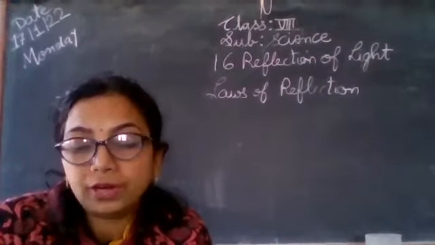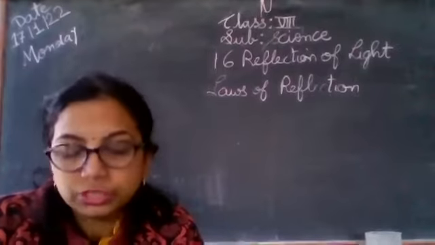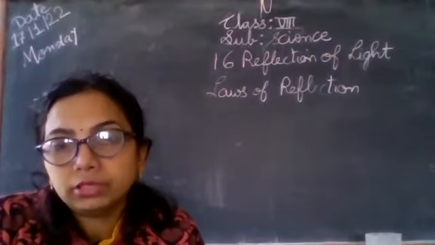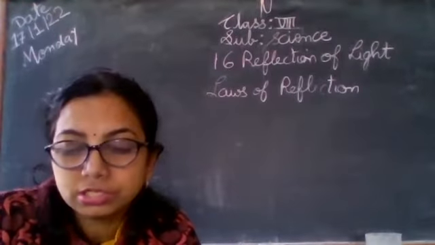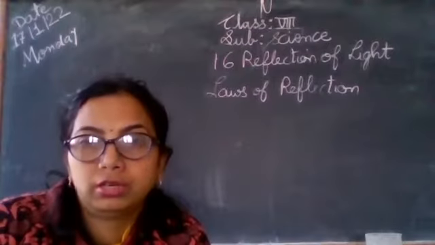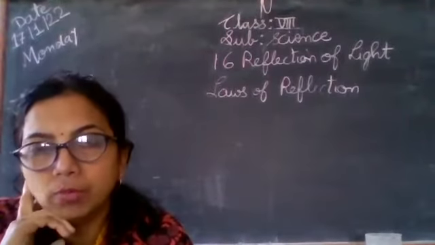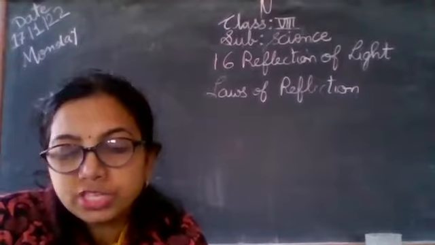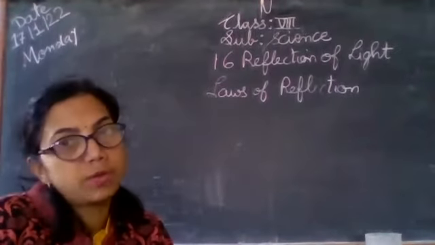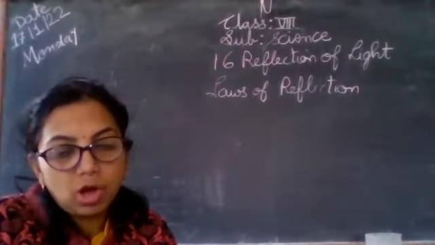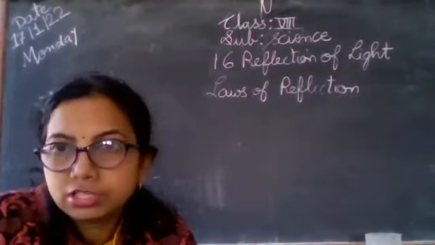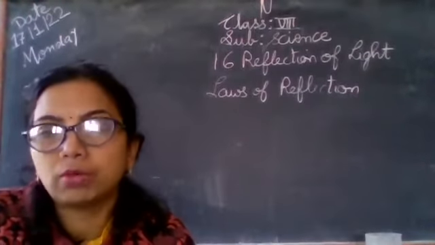So, we have different senses in our body, sensory organs. The sense of vision, in an earlier chapter we have seen the sense of hearing with the help of our ears. The sense of vision is the most important one among all the five sensory organs in our body.